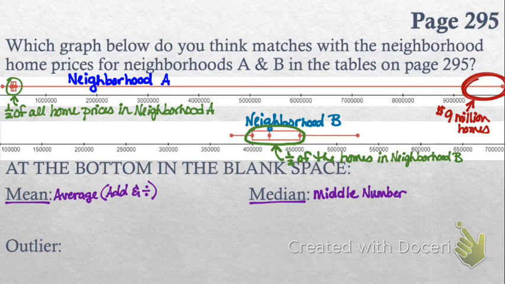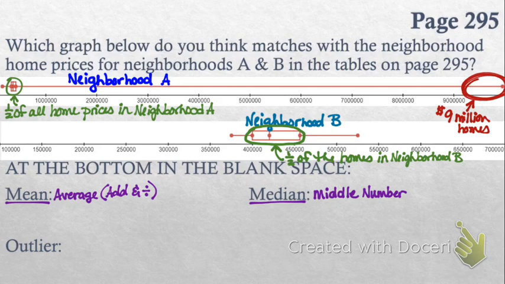If all the data looks pretty close to itself, like all the numbers are pretty close together, like in neighborhood B, where some homes are more expensive than others, but there are no really cheap houses and then super expensive houses. So in neighborhoods like B, if I want to know what a typical or expected home price is, I would find the average or the mean.